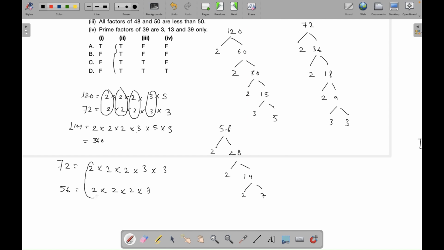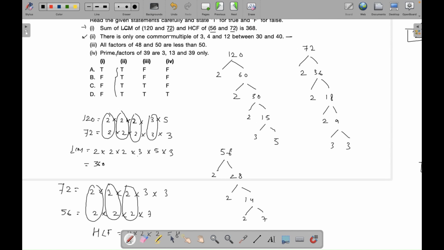These three 2s are common, so the HCF will be equal to 2 times 2 times 2, which is 8.